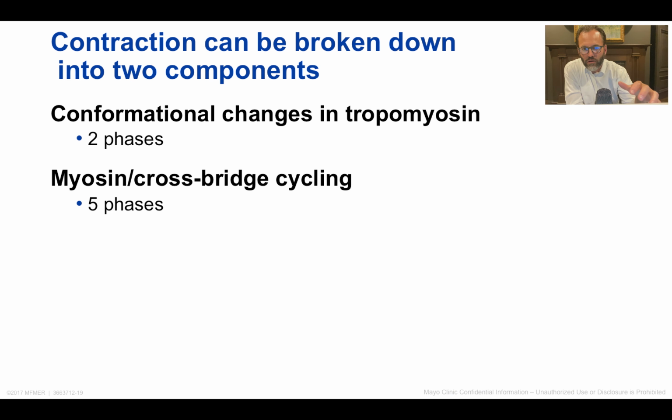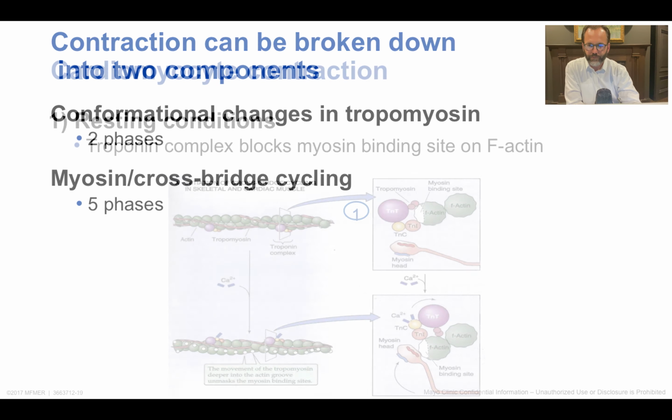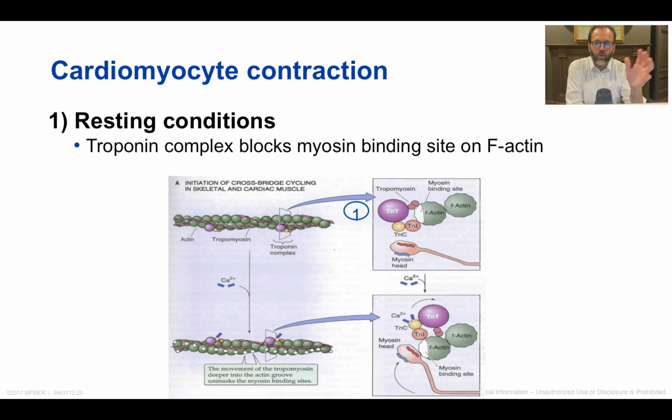Contraction we generally think of as broken down into two major components. One is conformational changes in tropomyosin, which we consider to have two phases. Then we have the myosin cross-bridge cycling phase, which has five phases to consider. Under resting conditions, where there's no cardiac contraction and no cellular depolarization, the troponin complex largely blocks a myosin binding site on F-actin.